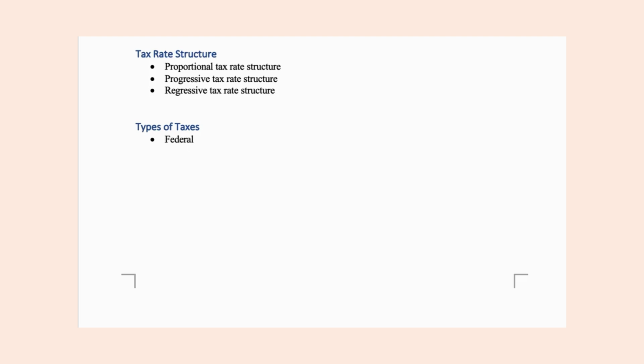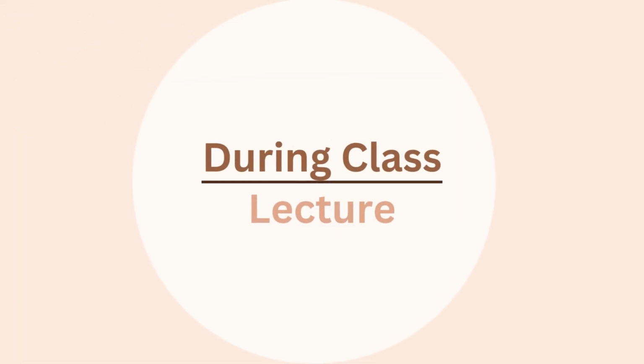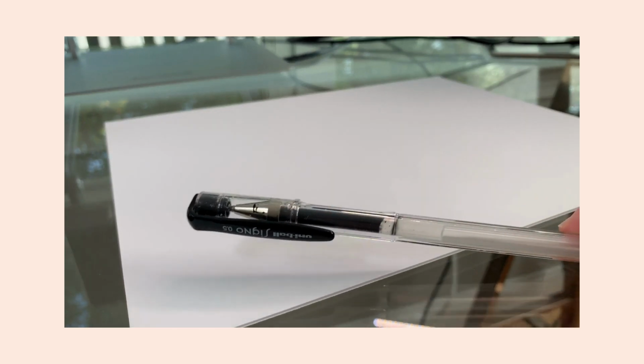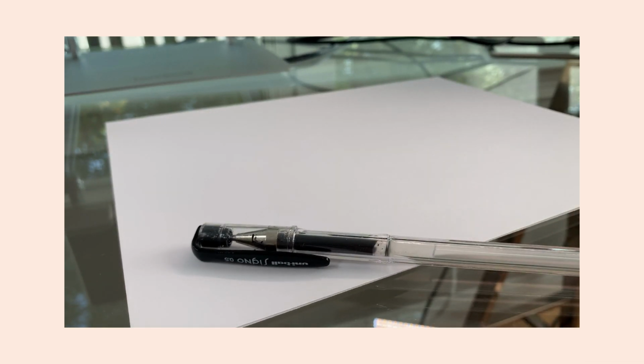If I see anything I don't quite understand, I will highlight it so that I know on which part I should spend more time when I read the textbook. I use black pens for most parts of my notes.